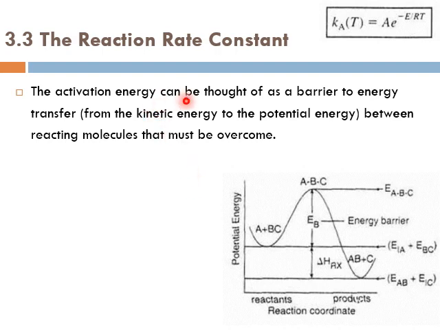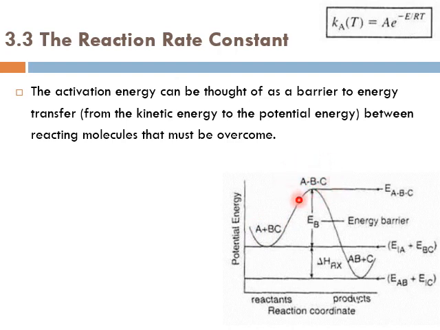So the activation energy can be thought of as a barrier to energy transfer from the kinetic energy to the potential energy. As you know, A is moving with a given kinetic energy, BC is moving in the solution with a kinetic energy. So when they collide and form ABC, the intermediate, all this kinetic energy is changed to potential energy.